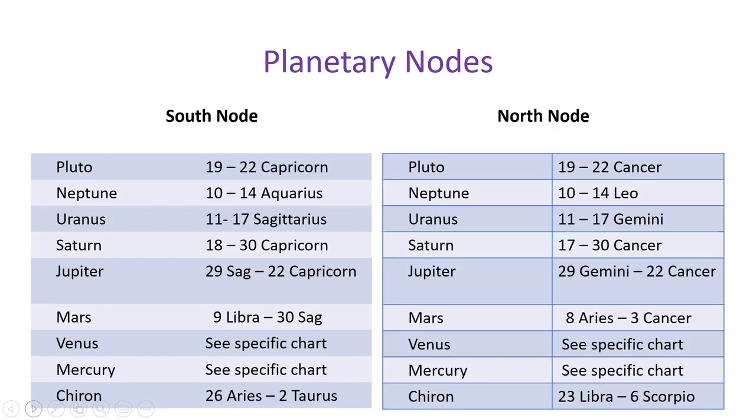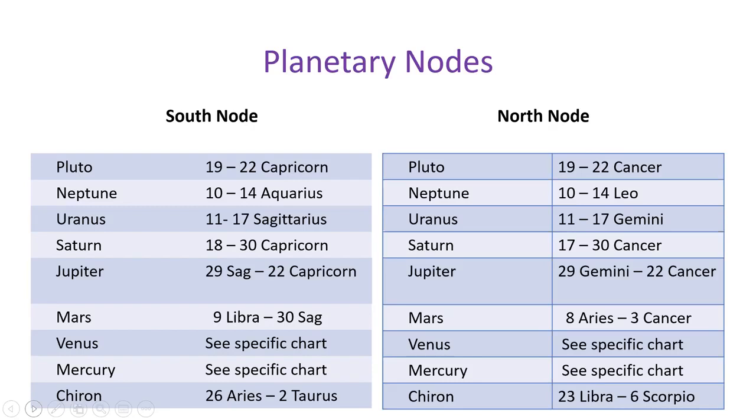So when Chiron's South Node is in Aries, mostly its North Node is in Scorpio. And when its South Node is in Taurus, mostly its North Node is in Libra. And there are just a couple of points in the year, I think twice, sorry, it slipped my mind right at the moment, where they are in opposition, Aries Libra.